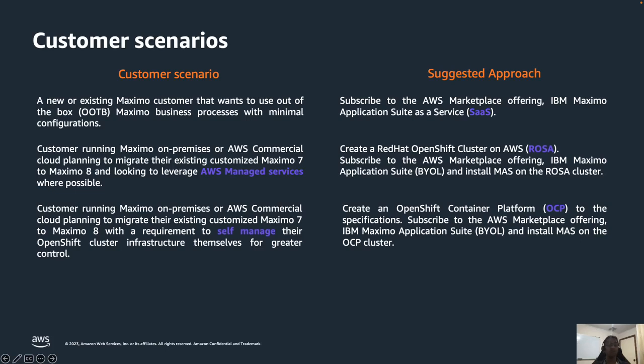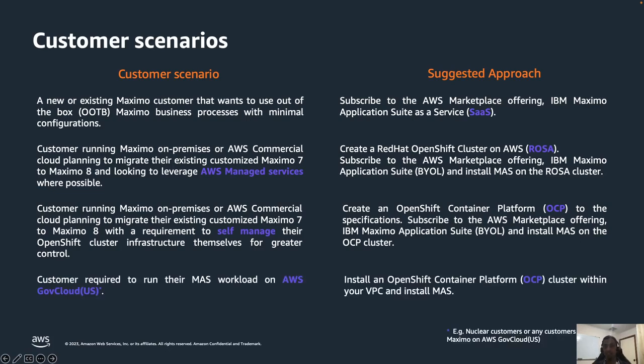Then you can go ahead and create an OpenShift Container Platform cluster, or an OCP cluster, to the specifications of your choice, and then subscribe to an IBM Marketplace offering that installs Maximo. So, whilst OCP is self-managed, installing MAS can be via Marketplace, which basically enables you to install MAS on your self-managed OCP cluster.